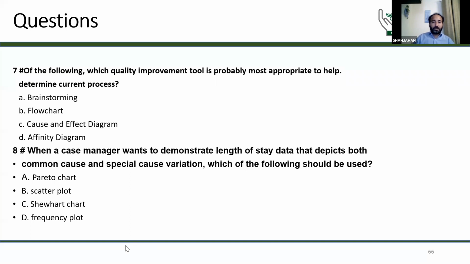Okay, the next question is: when a case manager wants to demonstrate length of stay data that depicts both common cause and special cause variation, which of the following should be used?